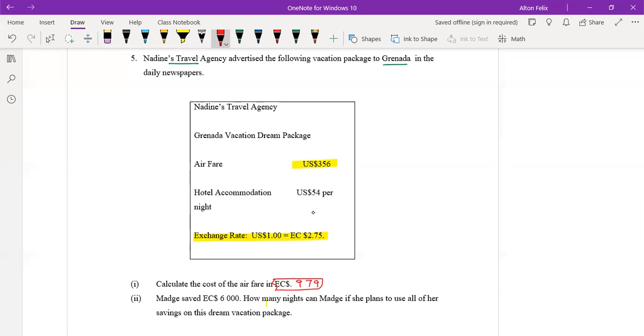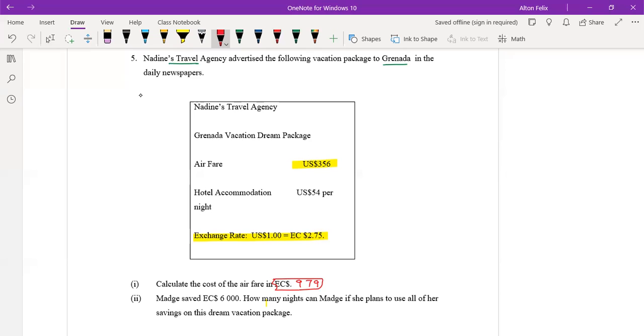So we also have to take into account the hotel accommodation. We already know how much the airfare will cost her in EC dollars. When she pays for the airfare and reaches her destination, she will have 979 EC dollars left.